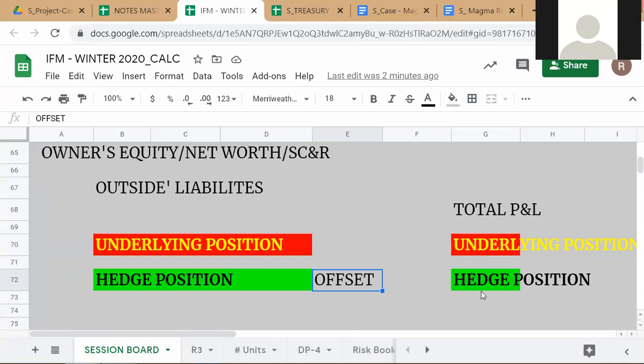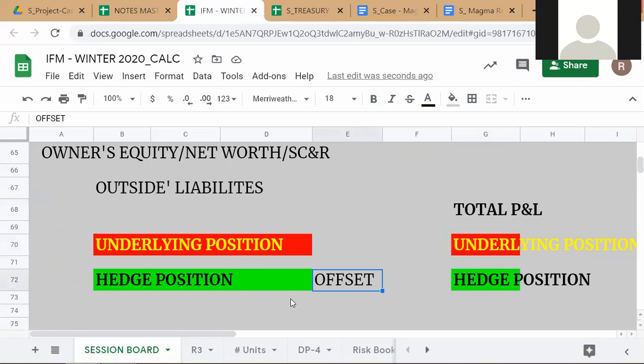If you read the book, when you read the examples, you'll find essentially that if you're 100% hedged, the losses will be completely offset. So the total P&L is the P&L that matters, and that P&L will be protected. So that's basically the idea. That's why you have an offsetting hedge position.